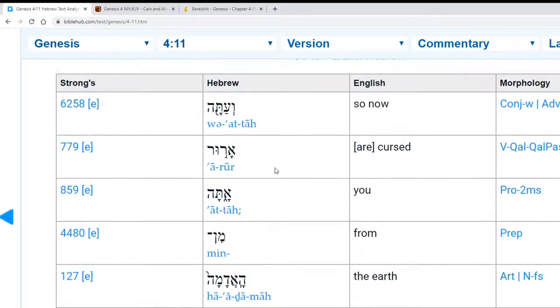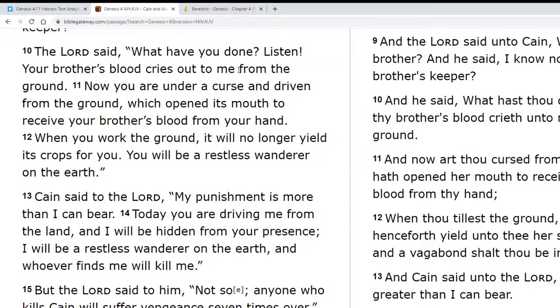Okay? So let's look at the King James Version, verse 11. And now art thou cursed from the earth, which hath opened her mouth to receive thy brother's blood from thy hand. Okay. NIV: now you are under a curse and driven from the ground.